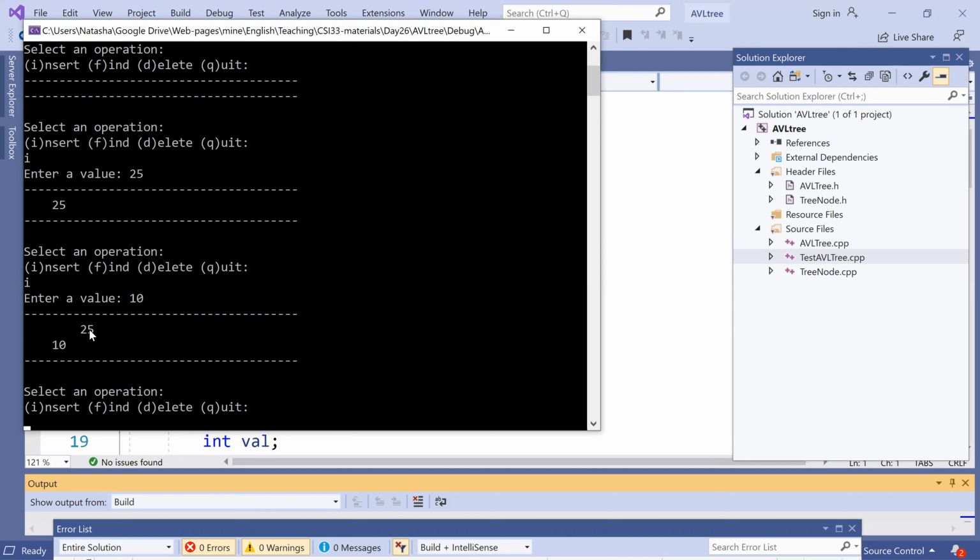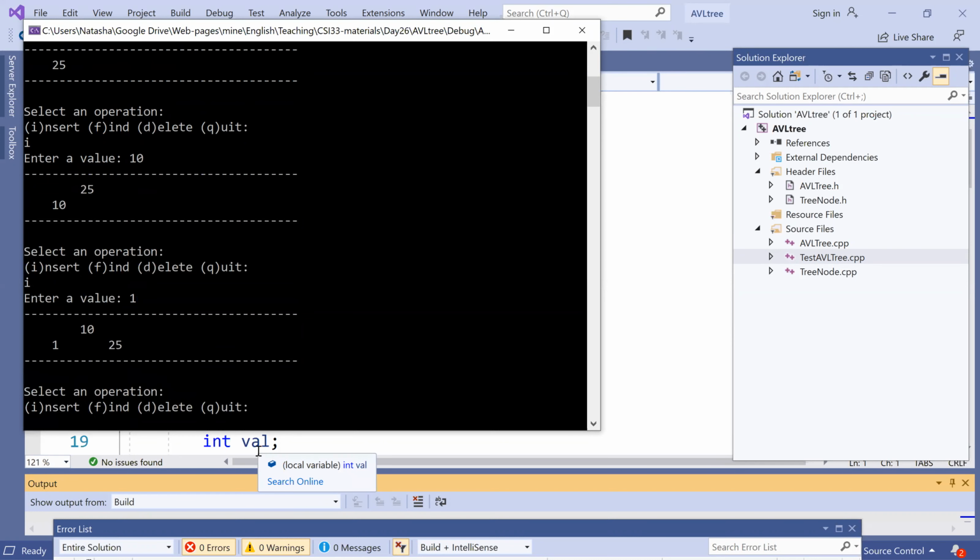Now, since we did the insertion left, it should turn it to the right, right? So the 10 should become the root, the 25 the right child, and the 1 the left child. So look at it, right? And what I would recommend is definitely play with this code and try to predict what should happen if you insert a value, okay?